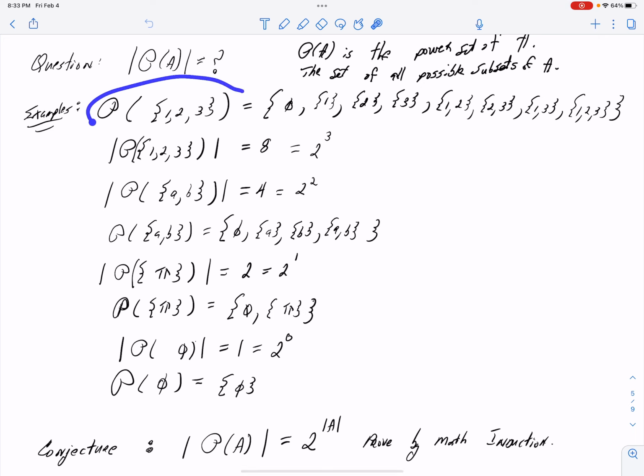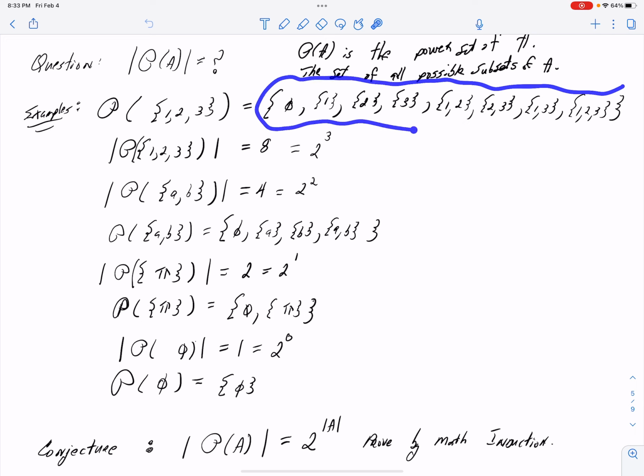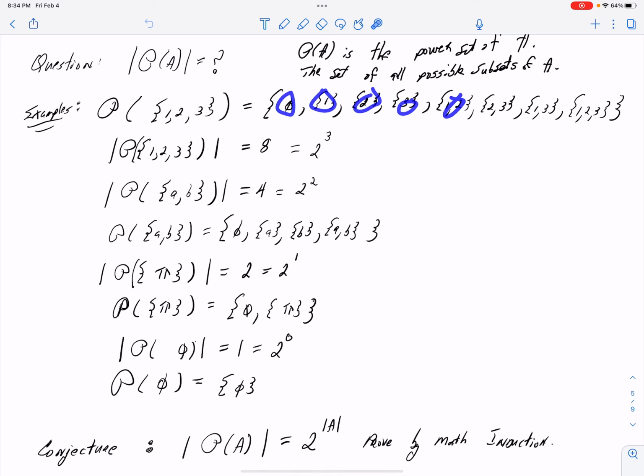So what's the power set of the set {1, 2, 3}? It consists of the set of these subsets that we just named. Now notice then the cardinality of this power set is, how many elements do we have in there? 1, 2, 3, 4, 5, 6, 7, 8.